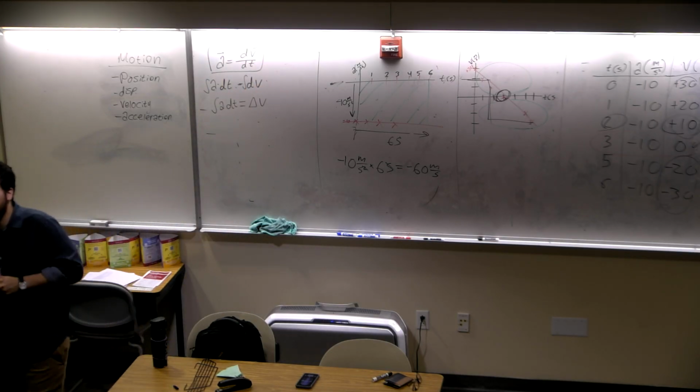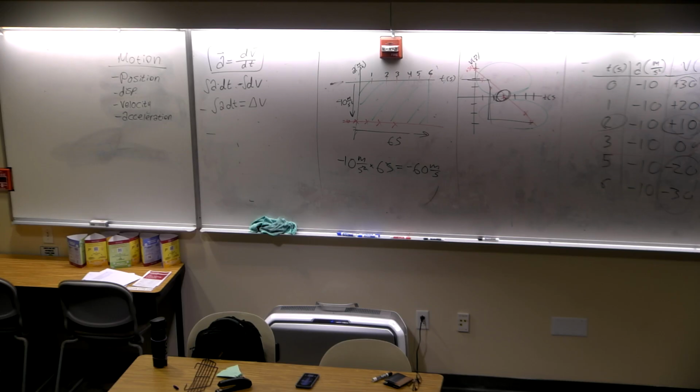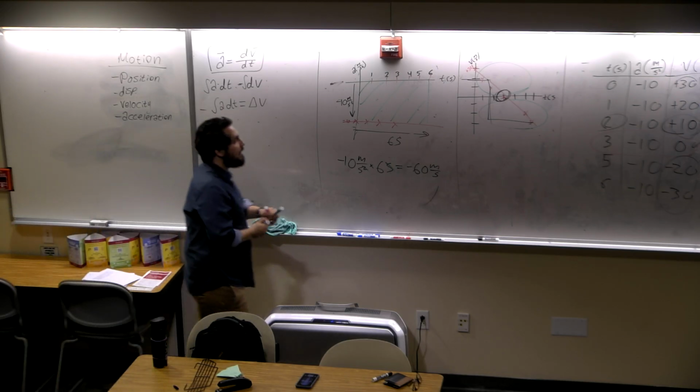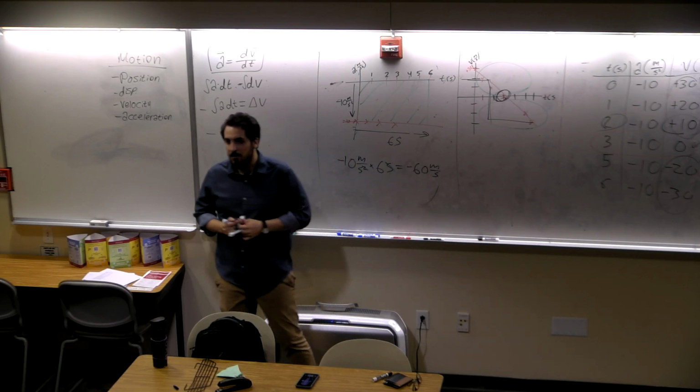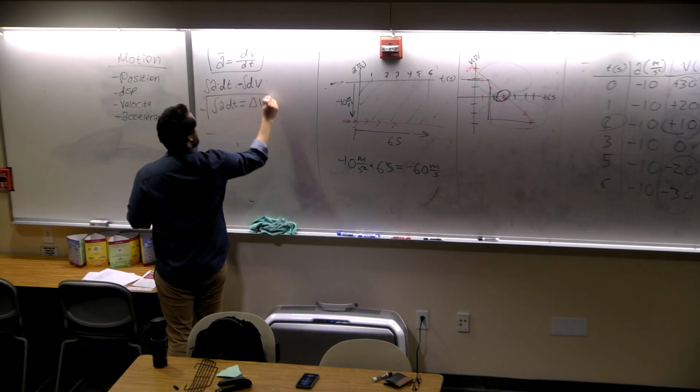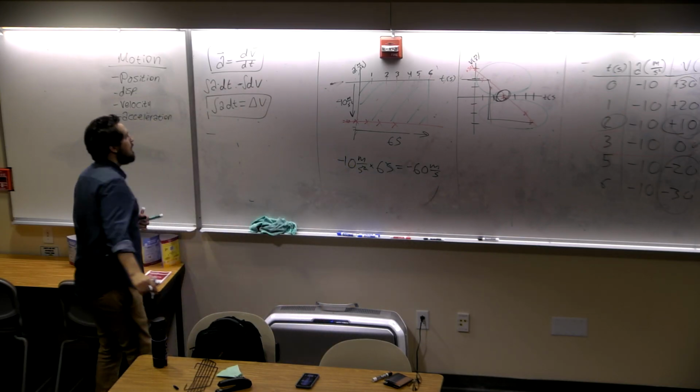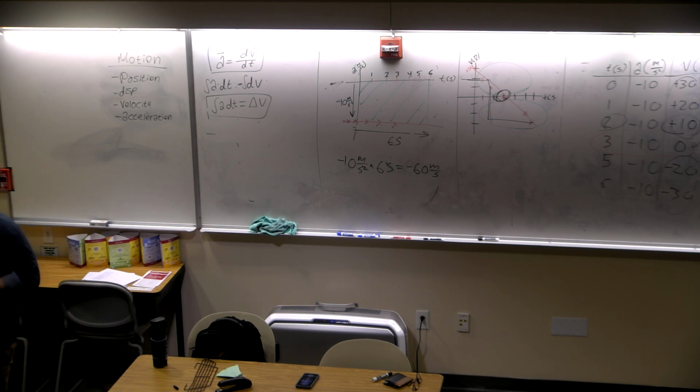We took the slope of velocity versus time and got acceleration. Wonderful. The second thing we just did, by finding the area under this and finding that it is our delta v, is prove this second equation: that delta v is the integral of acceleration times dt. Feel good about this? Any questions?